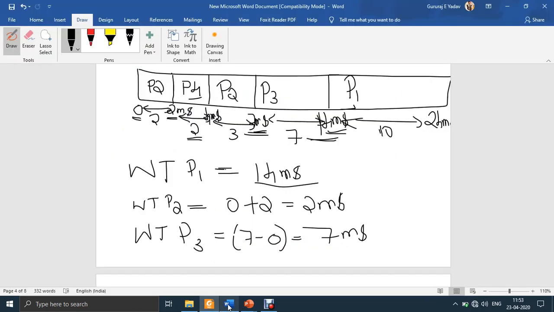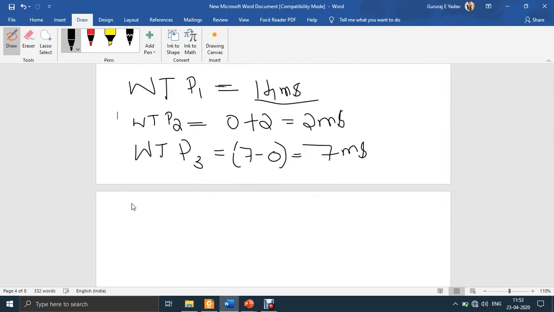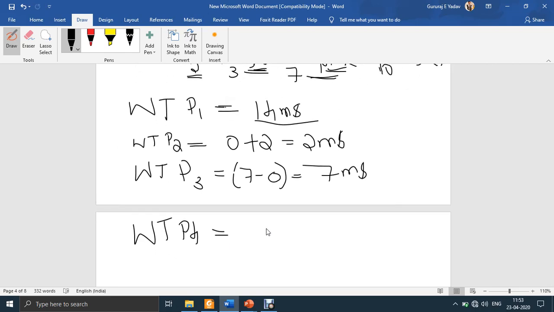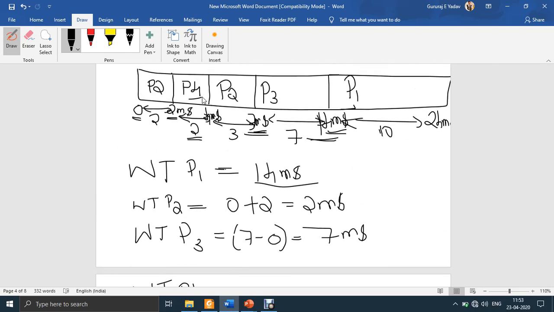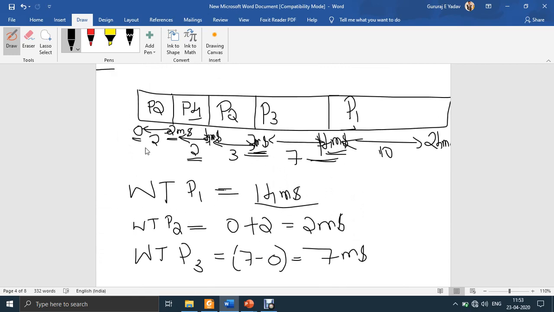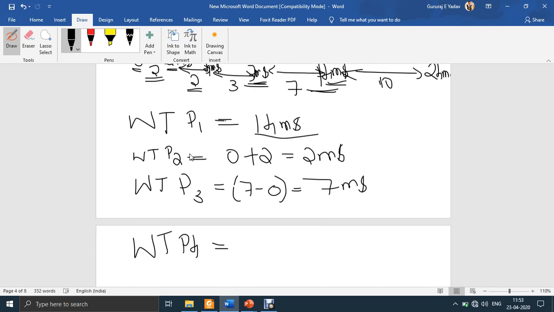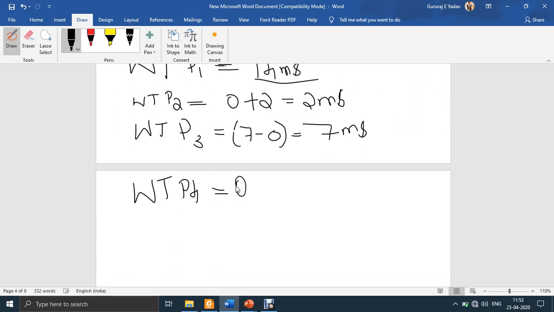And what about the waiting time for P4? This is again interesting, very important. Concentrate here. What is the waiting time for P4? You might think it is 2, right? Because it got the execution chance at 2 milliseconds, but that is wrong. The waiting time for P4 is actually 0. Why?